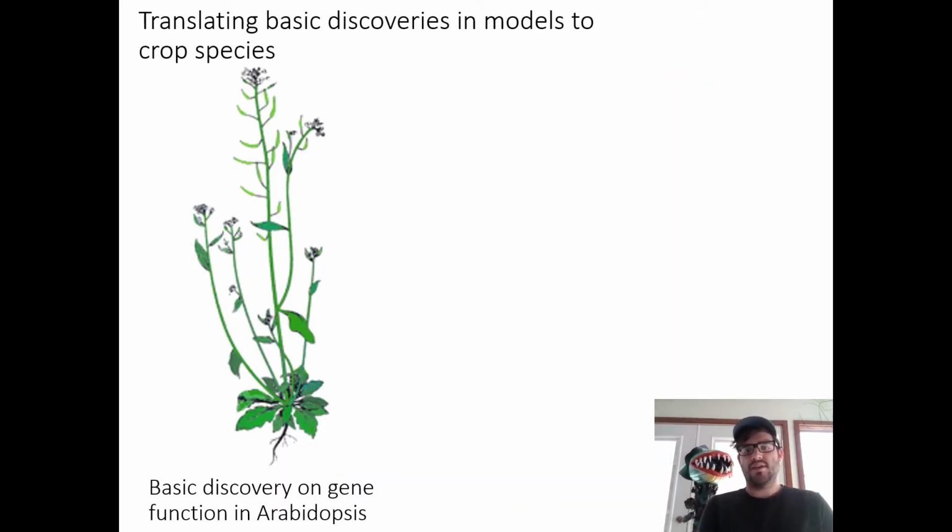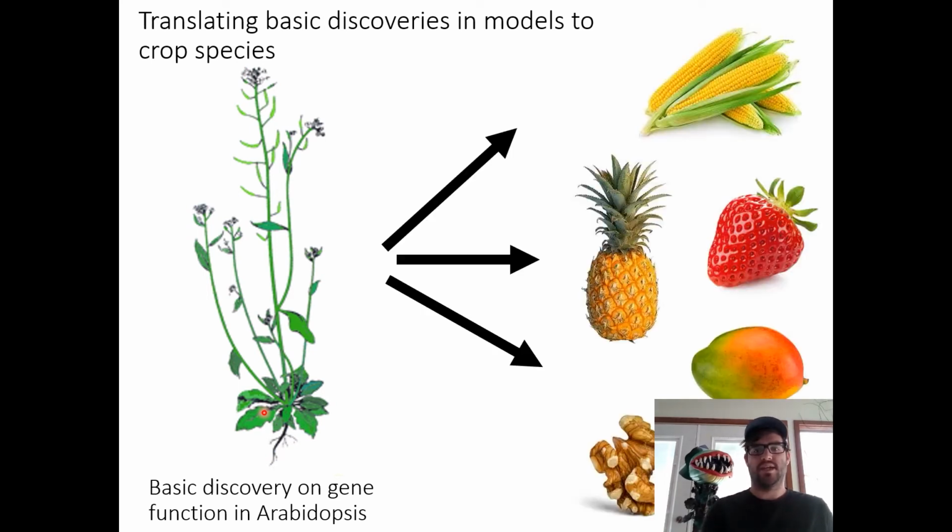A lot of times you want to translate basic discoveries from models into crop species. The most important model in plants is Arabidopsis. Maybe you identify a gene that's important for disease, stress tolerance, or fruit development, pick your favorite gene, your favorite trait in Arabidopsis. The question is, how do we find out what that equates to in other species?